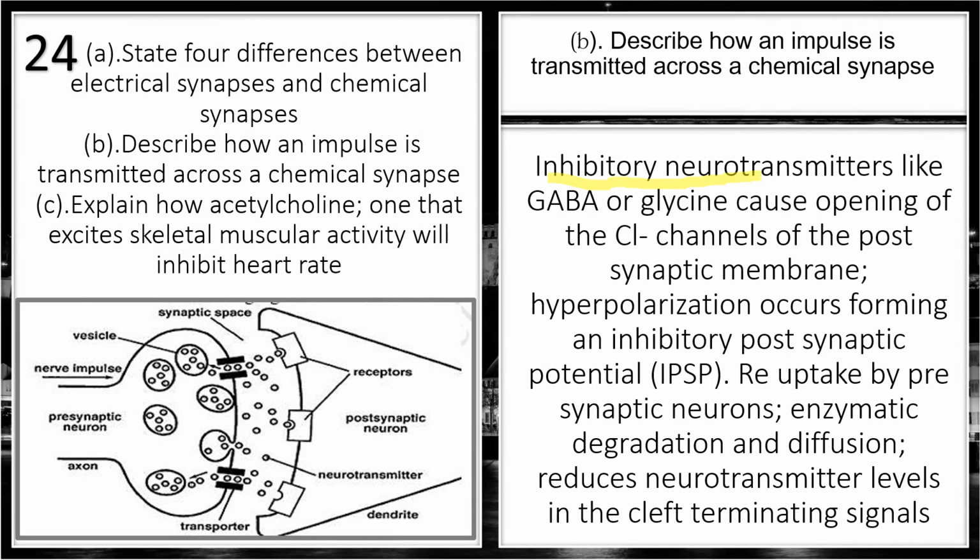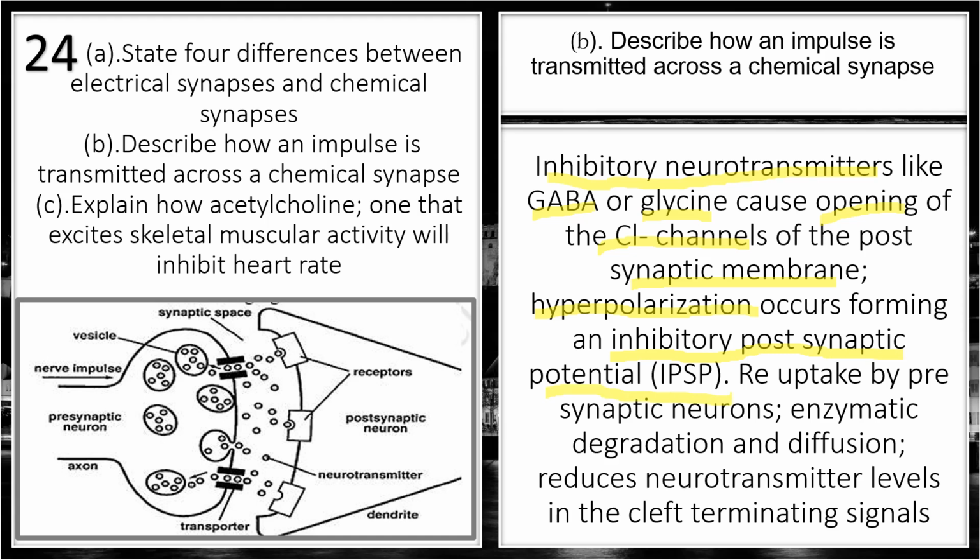Inhibitory neurotransmitters like GABA, glycine, cause opening of the chloride channels of the postsynaptic membrane. Hyperpolarization occurs, forming an inhibitory postsynaptic potential, IPSP.